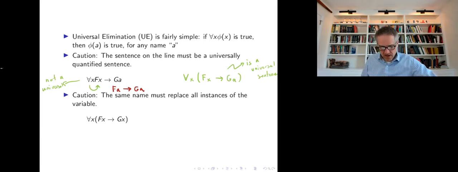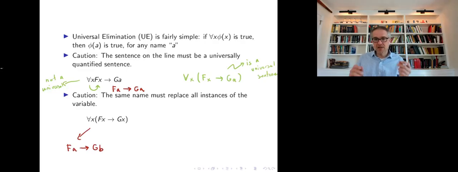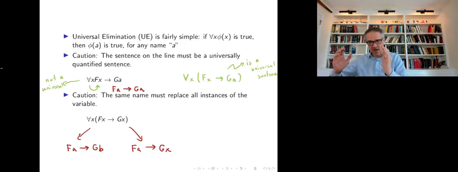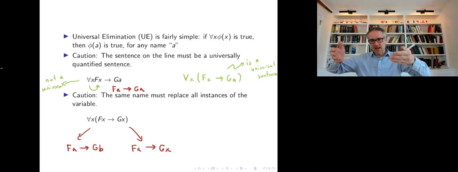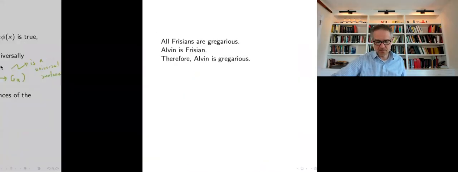So for example, you cannot from this infer FA arrow GB because that puts in different names in the two places. That's not allowed. You also cannot infer, say, FA arrow GX where you didn't replace the second X with the name A because, again, that's not a sentence. So for all X, something, you have to replace all the occurrences of the variable X with the same name. That's how universal elimination works.